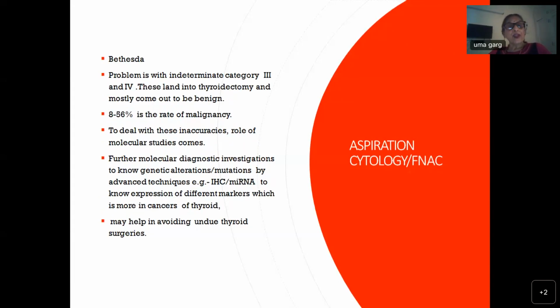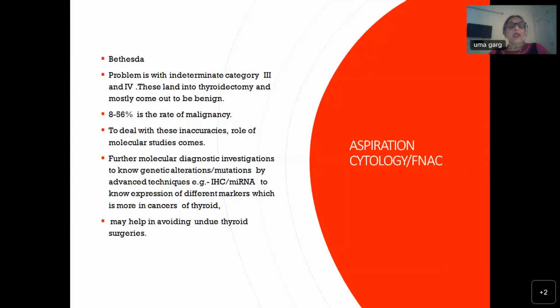These patients often land up in thyroidectomy, and many times it mostly comes out to be benign, meaning the rate of malignancy ranges from 8 to 56%. Therefore, this is the most difficult group of thyroid nodular disease, where there is a suspicion of malignancy but we are not sure about it.